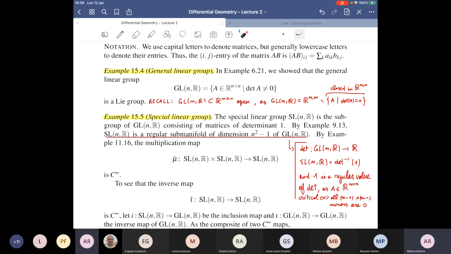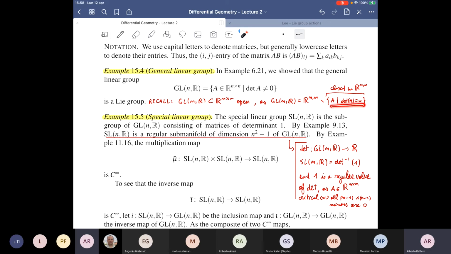In particular, in this case, we can describe the general linear group as the complement in the space of matrices of the set of matrices whose determinant is 0. The determinant is a continuous map, and a general result in topology tells you that if you have a continuous map, then by definition the counter images of closed subsets are closed subsets in the topology of the codomain and the domain respectively.